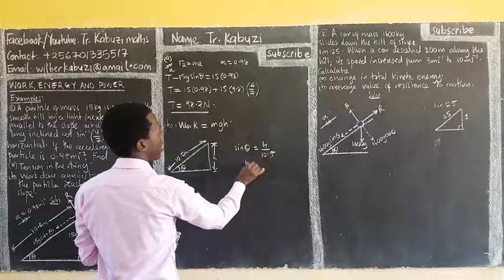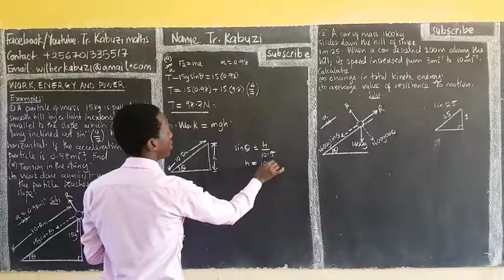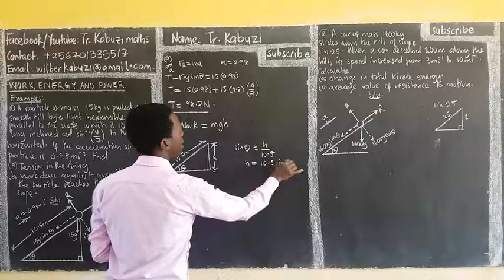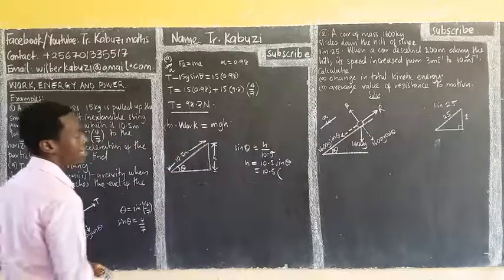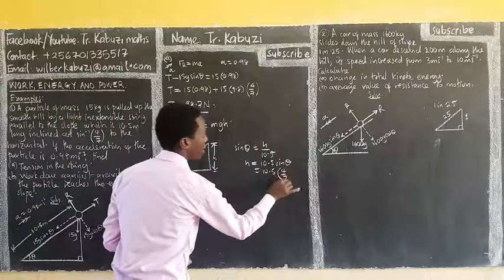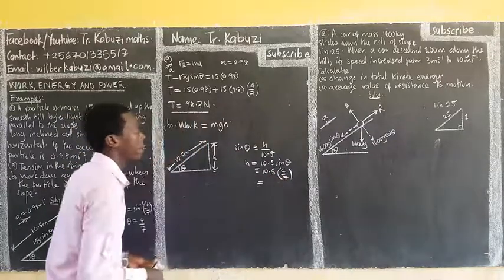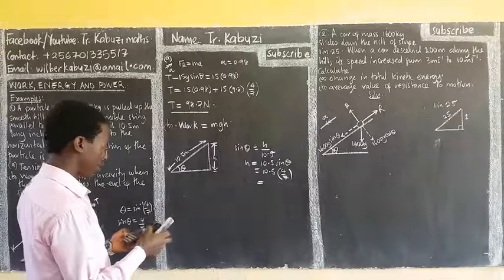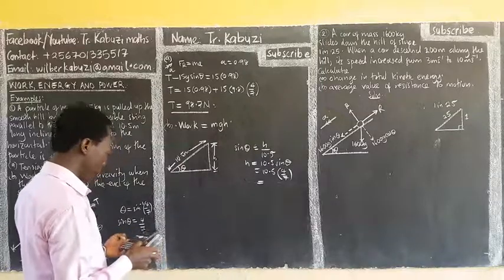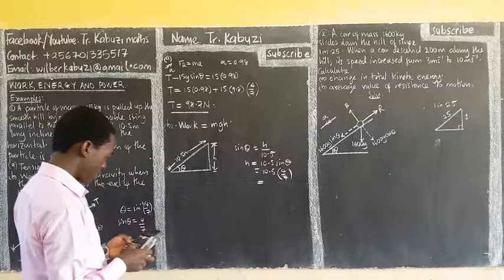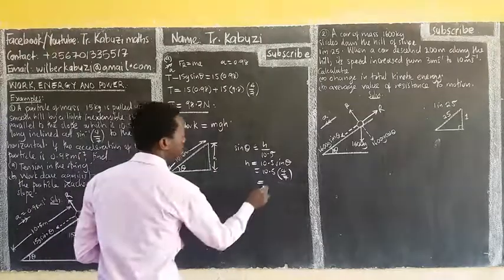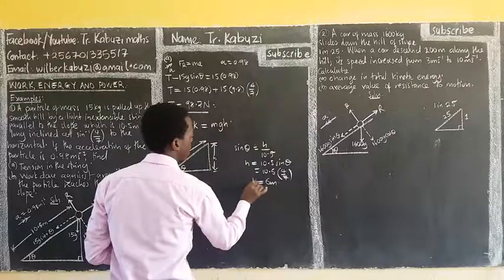So from there, our h is 10.5 sine theta, but we have sine theta from here as 4 over 7, and from there, my height is going to be 6 meters, so that's going to be my height.